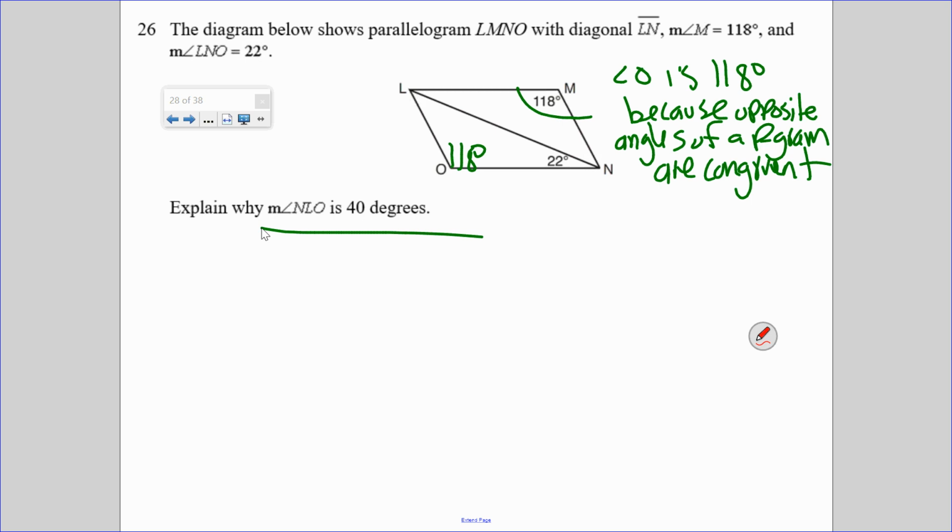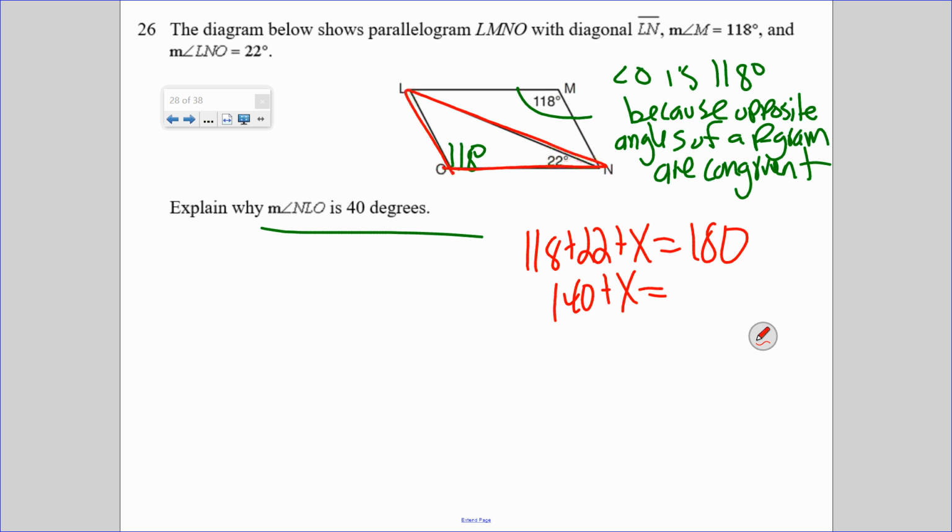Now, I've got angles of a triangle. So, I have 118 plus 22 plus x equals 180. 140 plus x equals 180, minus 140, minus 140. X is 40.